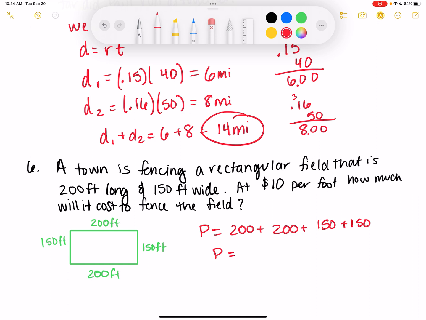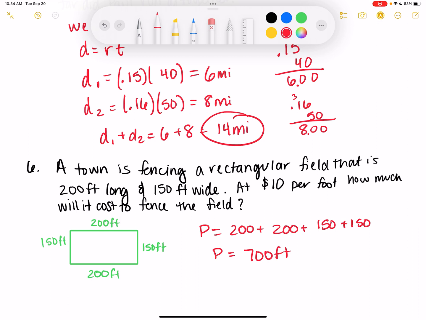Almost. Well, you need to add one more 200. I think you just added these 3. It was 500 plus 200. So 700 feet is the perimeter.